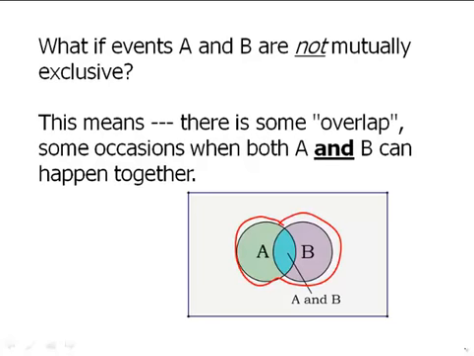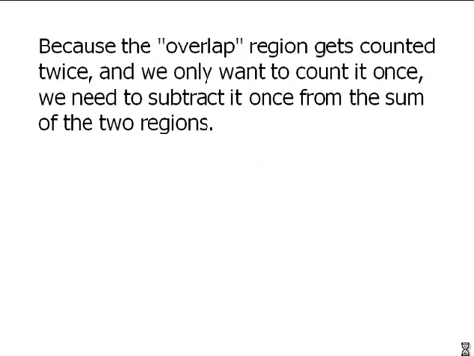And really what would be happening if we just added probability of A and probability of B, that little overlap region in the middle, would get counted twice. And so that would be the thing that we'd have to correct for. So, because the overlap region gets counted twice, and we only want to count it once, we need to subtract that overlap region from the sum of the two individual regions.